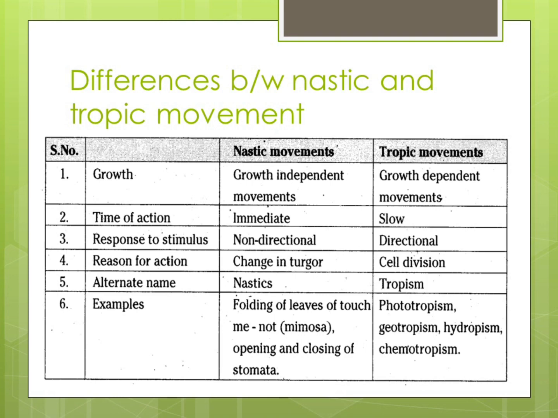Nastic movements are due to change in turgor, tropic movements due to cell division. The alternate name of nastic movement is nastics, tropic movements is tropism. Examples of nastic movements are folding of leaves of touch-me-not plant or opening and closing of stomata, and tropic movements are phototropism, geotropism, hydrotropism, chemotropism, thigmotropism.